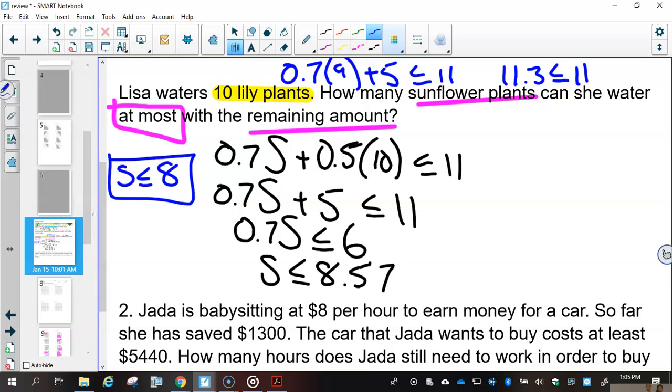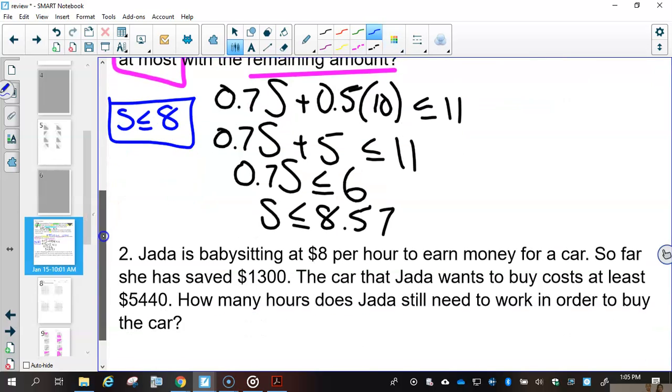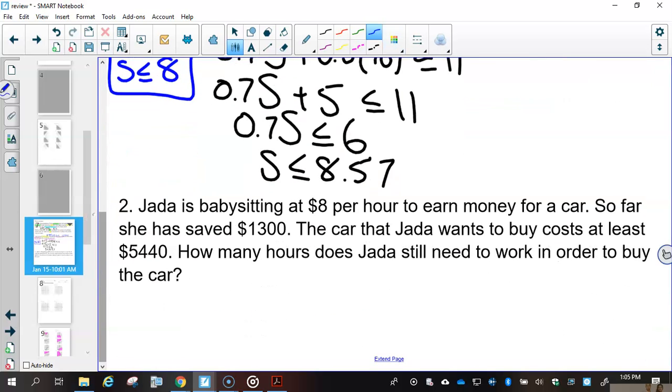We did number 2 when we did the word problems before. Read it. Someone tell me how to set this up?